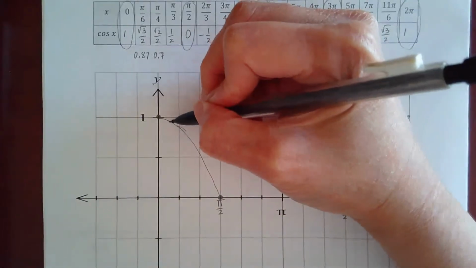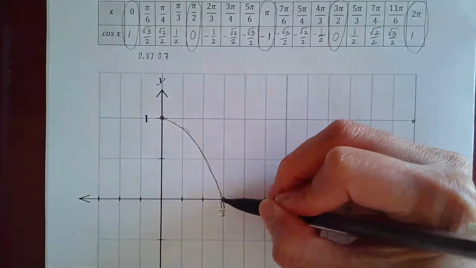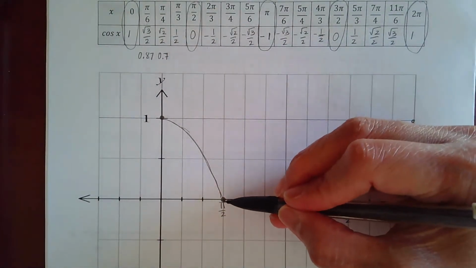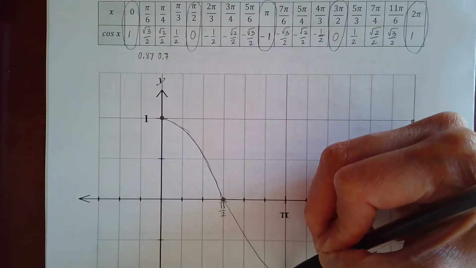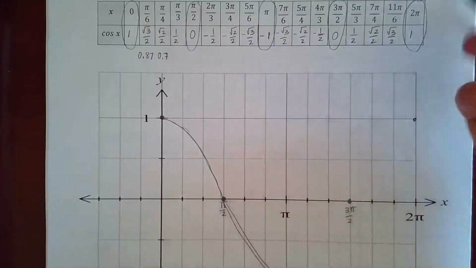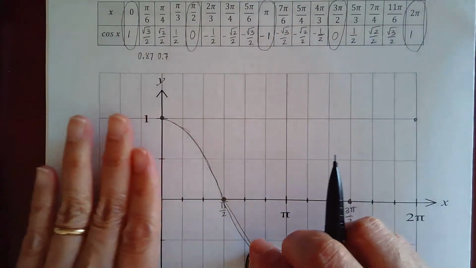It starts off like that, and from there, it's going to be a smooth curve going like this.